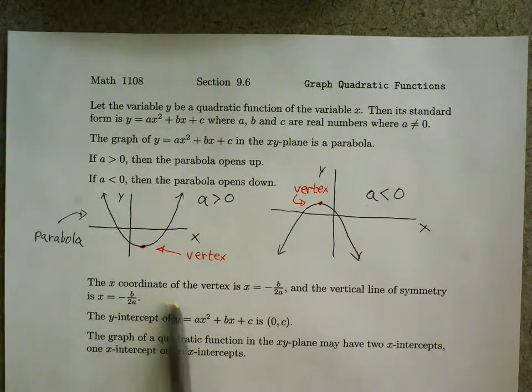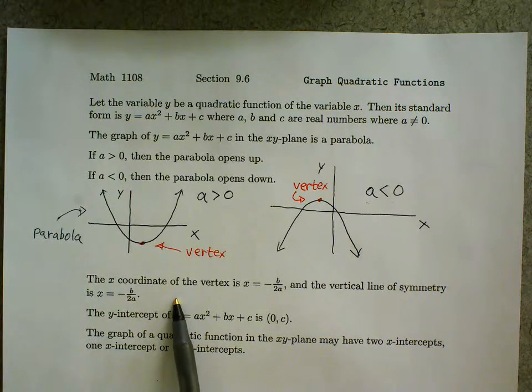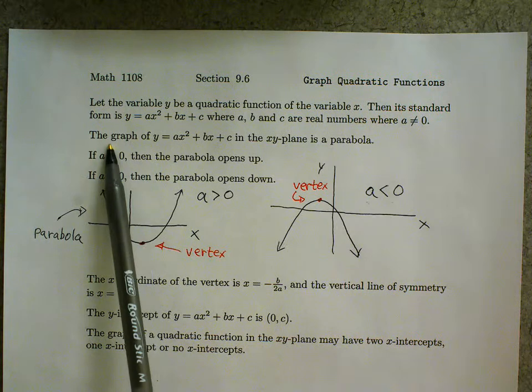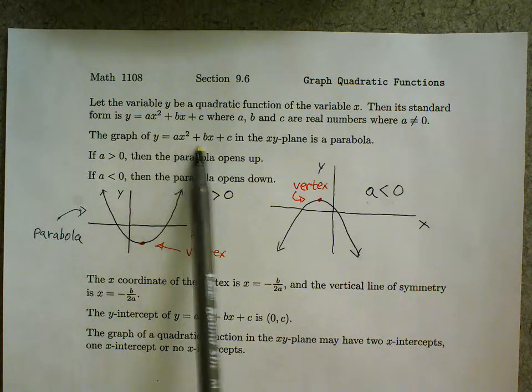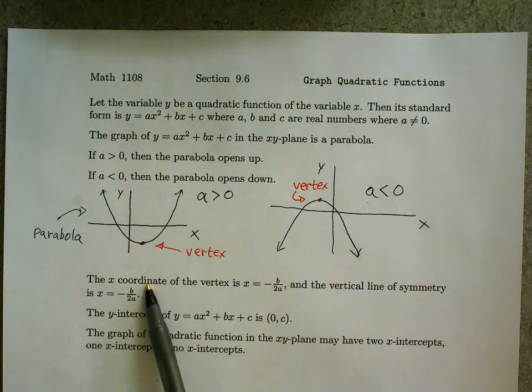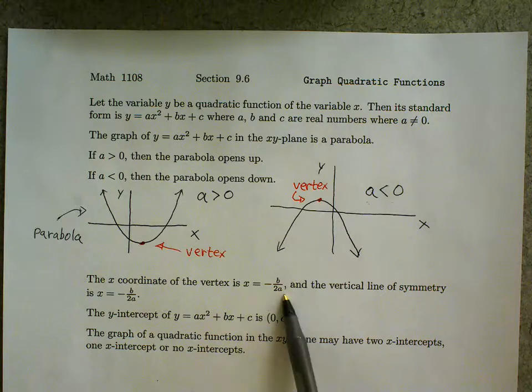Okay, we have a formula for finding the x-coordinate of the vertex. So for the graph of y equals ax squared plus bx plus c, the x-coordinate of the vertex is x equals negative b over 2a.